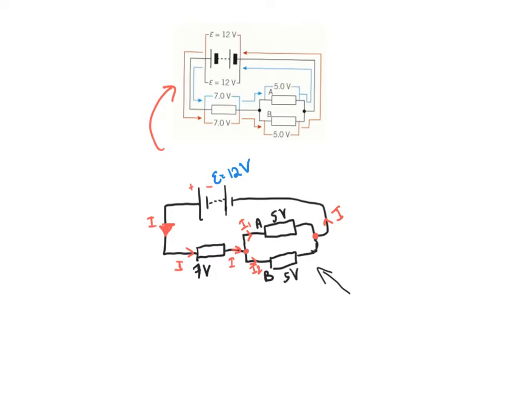we can split it into 2 loops. One loop can be considered to be this loop, and another loop can be considered to be this loop. So once again, the sum of the EMF for the green loop is 12 volts, and the sum of the potential differences is 7 plus 5, which is 12 volts.